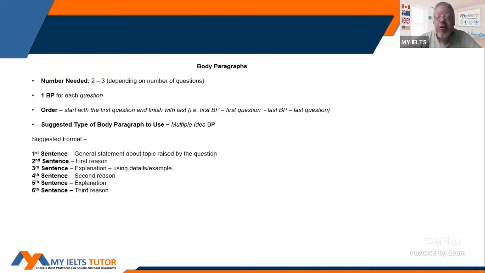Sixth sentence, a third reason, if you have three reasons, and I really recommend that you do. Your seventh sentence would be the explanation. And then you give a conclusion of how these reasons answer the question, okay? So that's the format that you want to use. Again, body paragraph 1 is on question 1, body paragraph 2 on question 2, and body paragraph 3 on question 3.